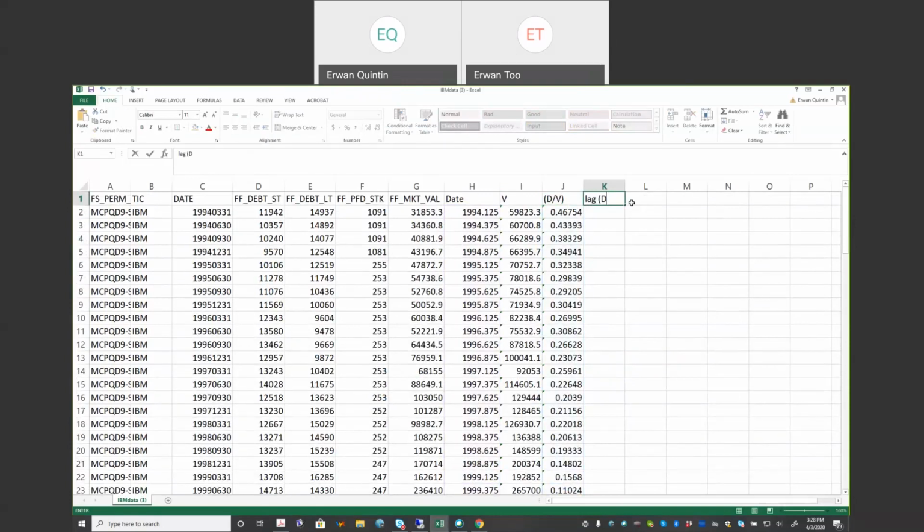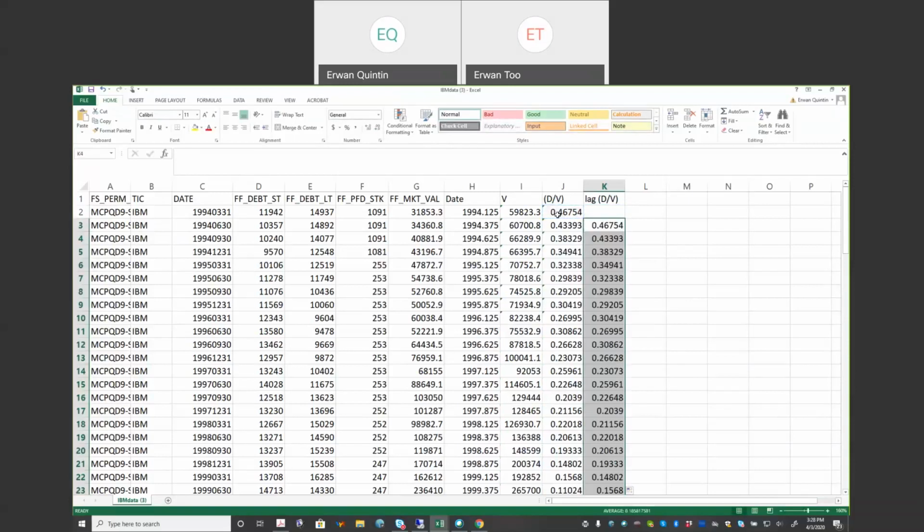So I'm just going to look at the lagged leverage ratio, which all this means is last quarter's leverage ratio. For instance, here in the first quarter of 1994, I don't have enough data. I do not know what the last quarter would be. But starting in this second period, I know that the last quarter leverage ratio was this one.